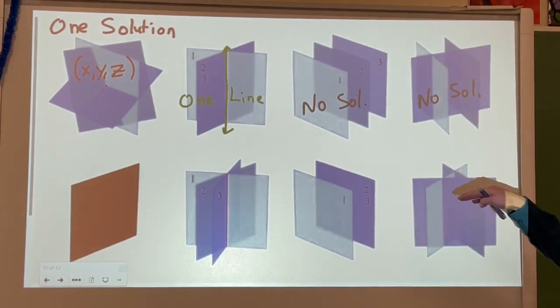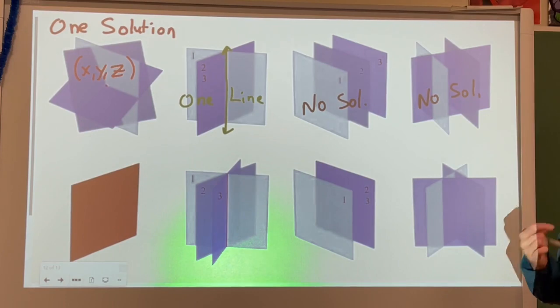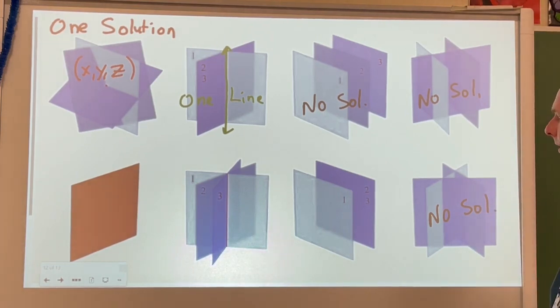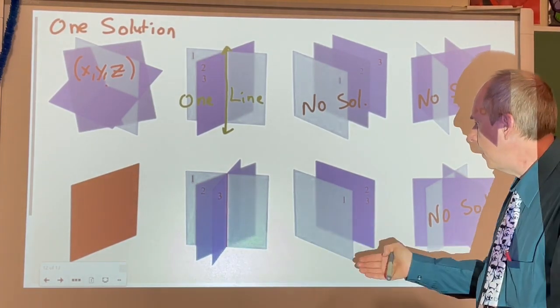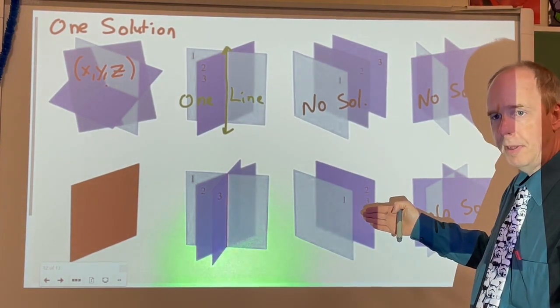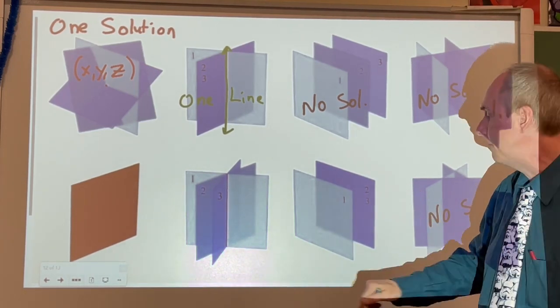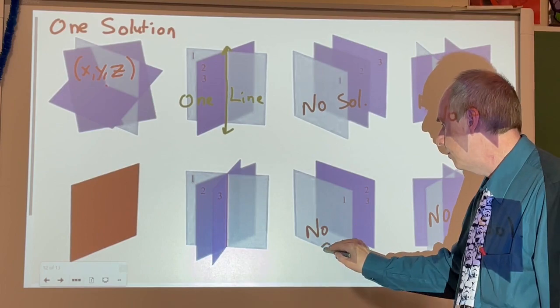Or maybe they intersect and form a little triangle in the middle. Guess what? All three planes are not intersecting, therefore, no solution. Or maybe we've got one plane here, and parallel to it are planes 2 and 3 that are sitting on top of each other. Well, all three planes will not intersect. No solution.